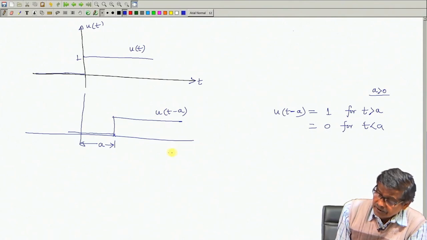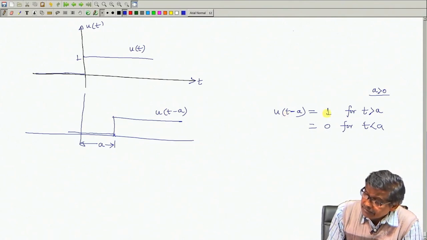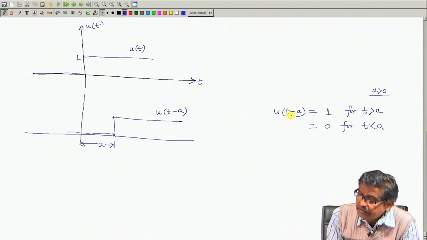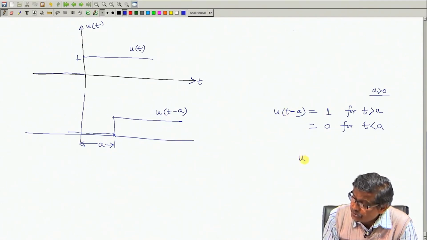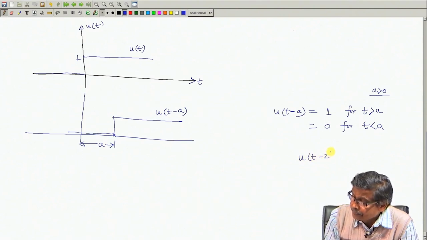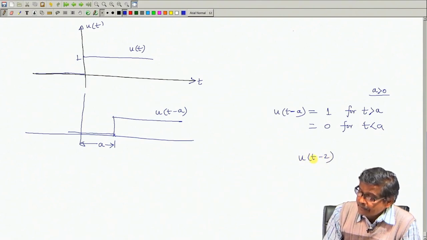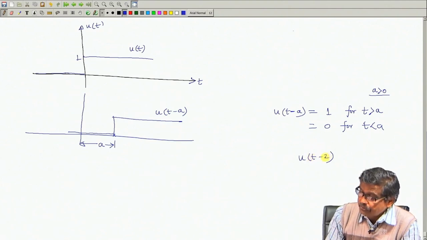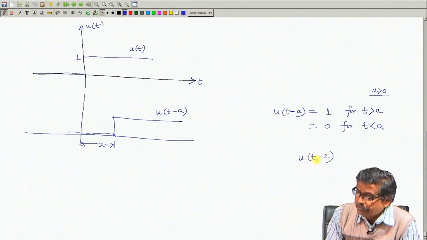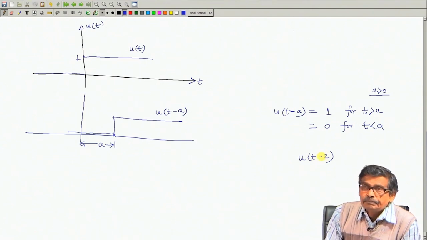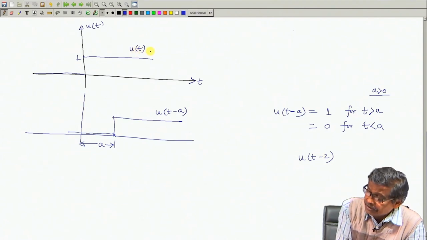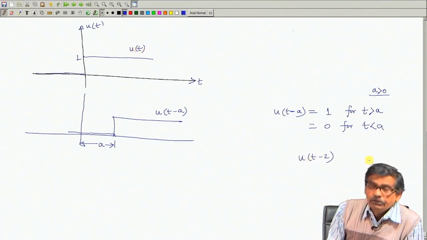Why is it so? Because see, if you put any number t, let us take an example u(t minus 2). If t is greater than 2, then only this argument will become positive, and by definition of u(t), that will be equal to 1.